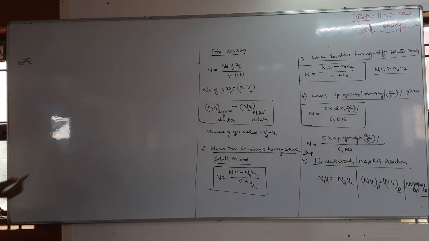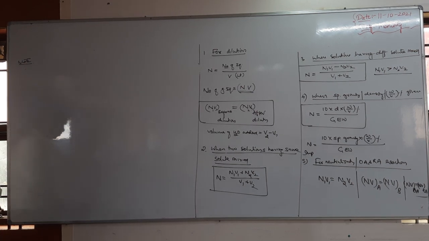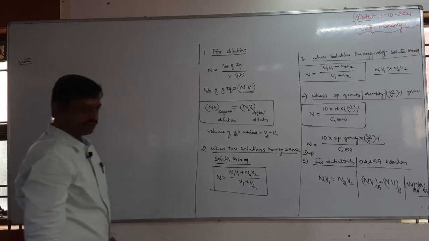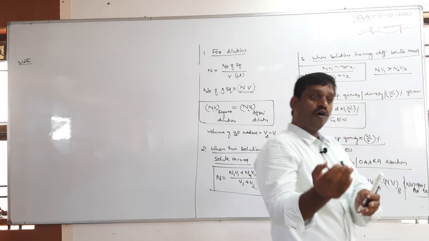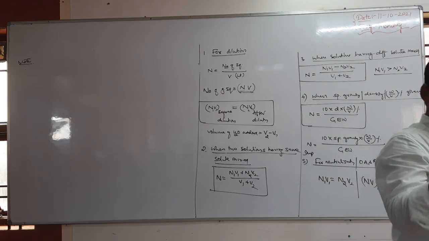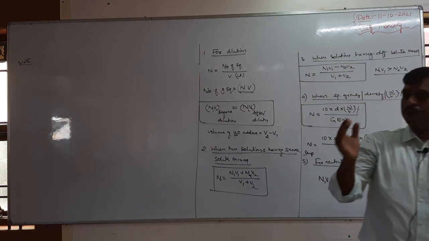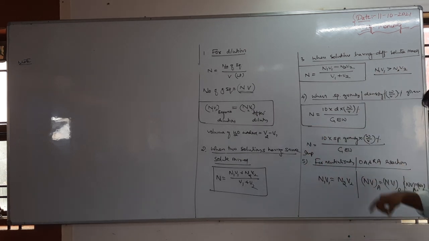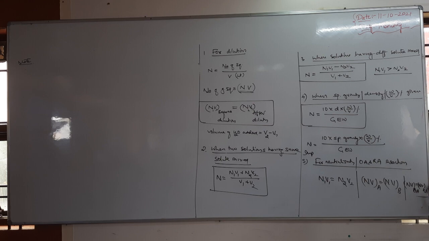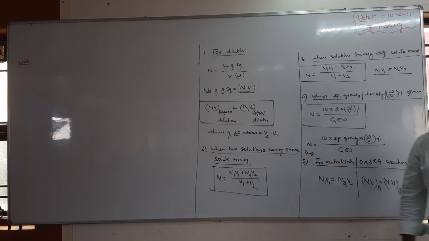Note: when acid reacts with base, which is called neutralization. Even when an oxidizing agent reacts with a reducing agent, in what proportion does acid react with base, and in which proportion does the oxidizing agent react with the reducing agent?